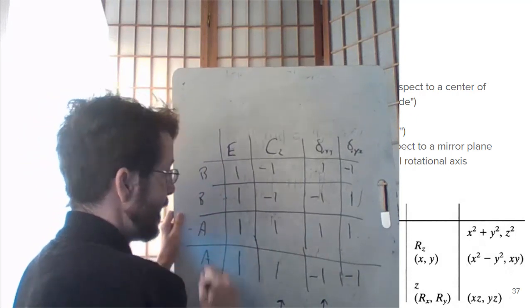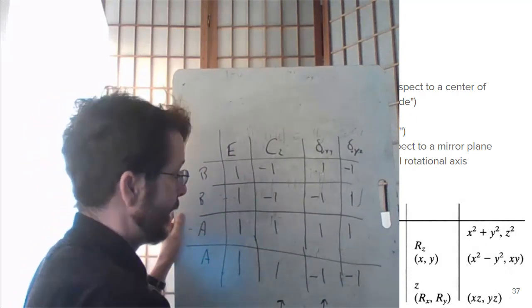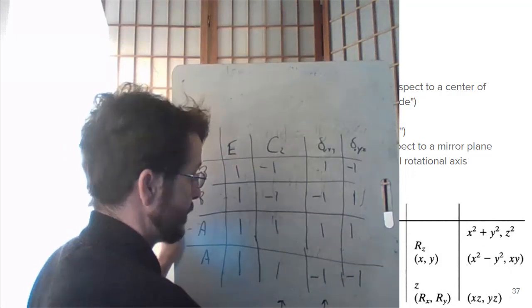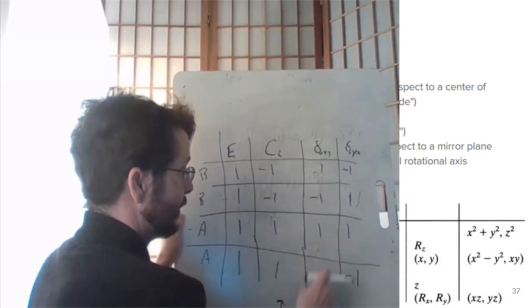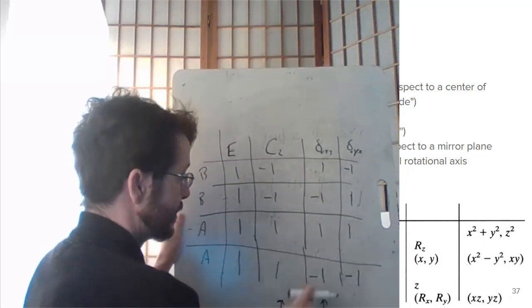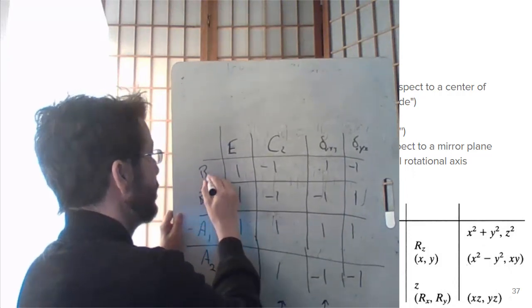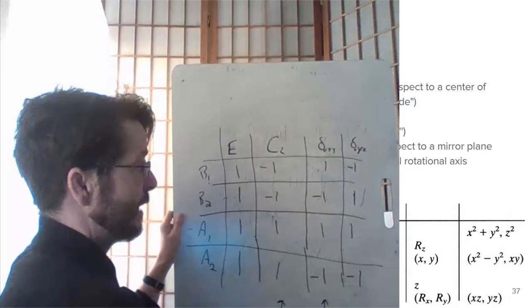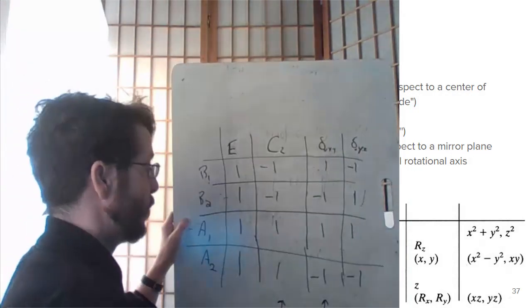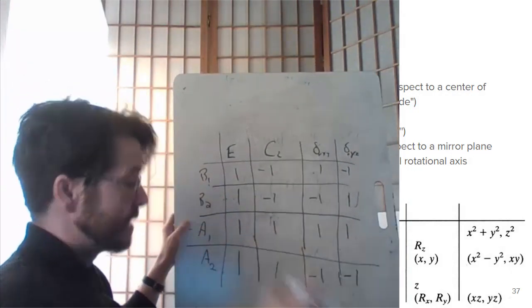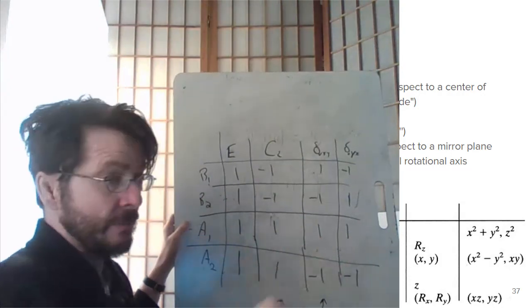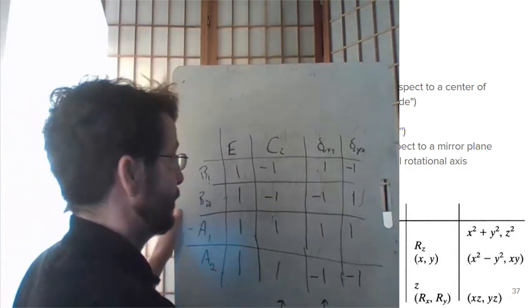These would have to all be A, because they're symmetrical. And then we can talk about whether it's symmetrical or anti-symmetrical with the mirror plane. So this one's anti-symmetrical, A2, A1, B2, B1. Right? And so these would represent the character table. Then we usually put them in order by letter and then symmetry. And that would generate our final form.